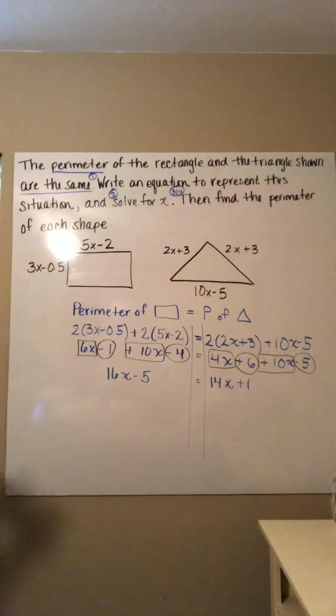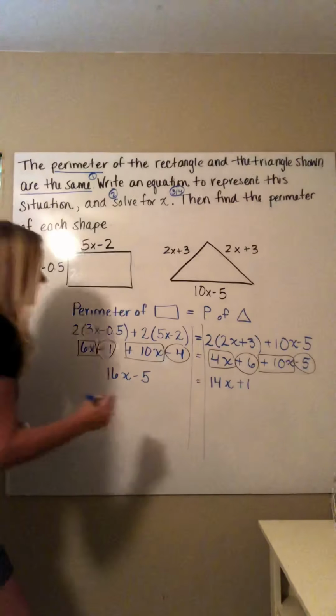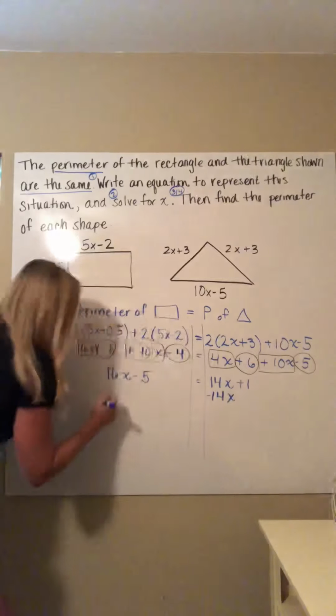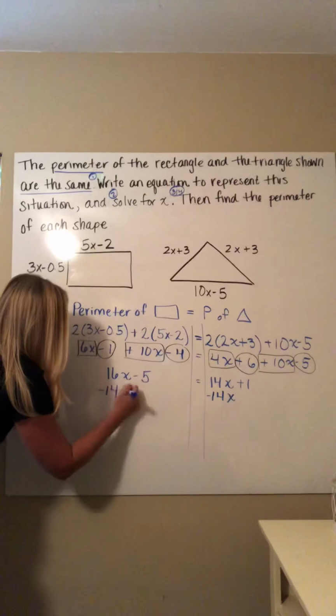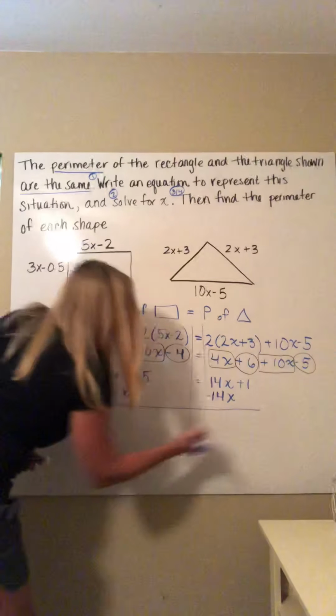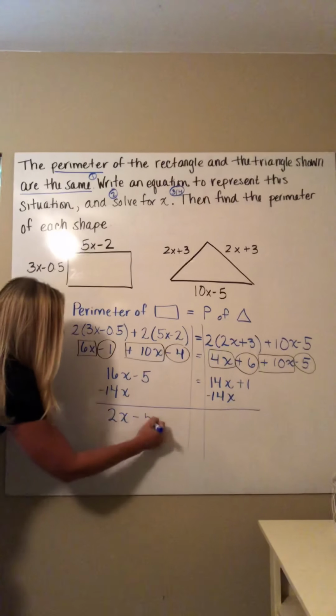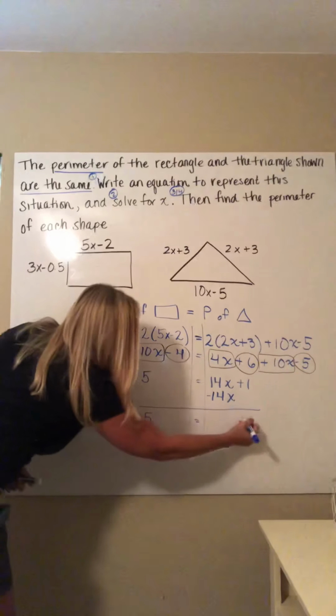Okay, so now that I have a variable on both sides, I'm going to take the smallest one and do the opposite. So I have a positive 14x. The inverse of that is negative 14x. So I'm going to subtract 14x or add negative 14x on both sides. So that gives me 2x minus 5 equals positive 1.